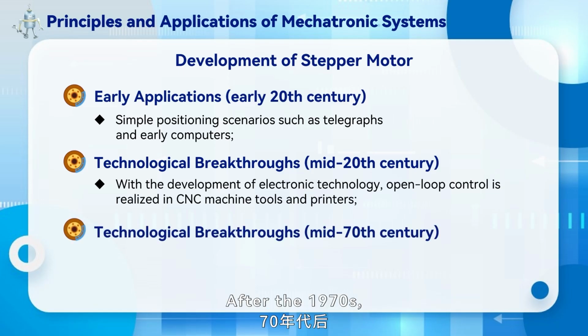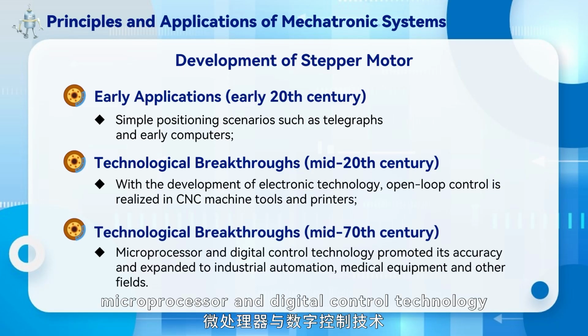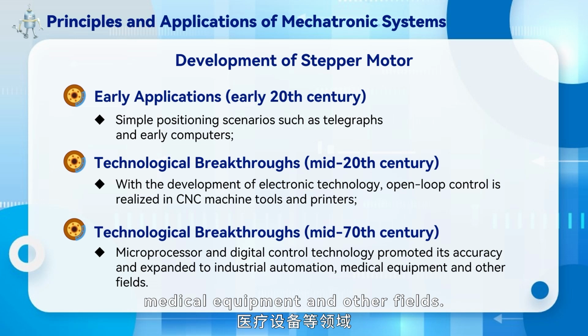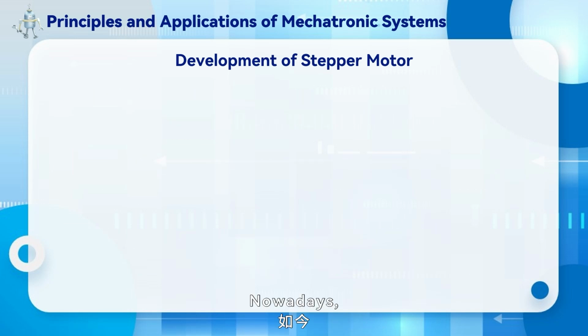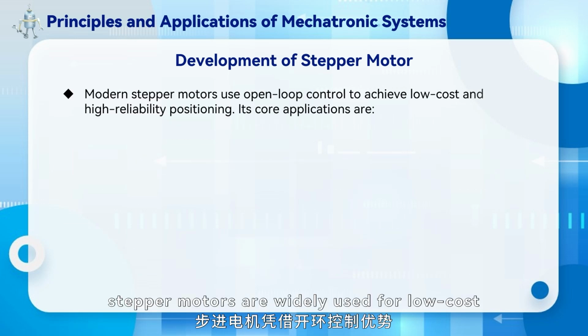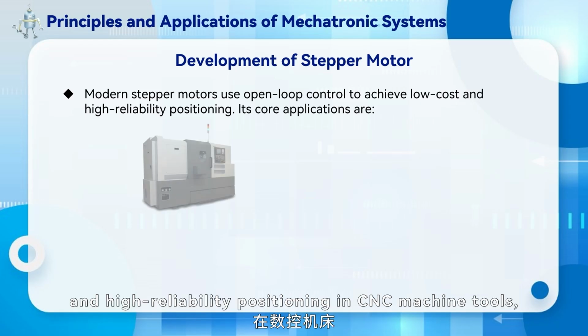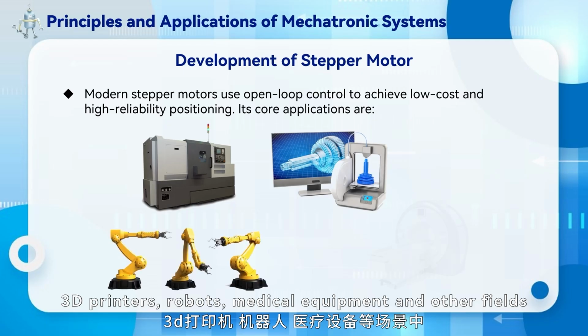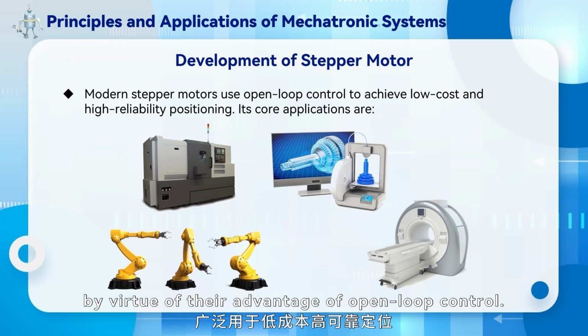After the 1970s, microprocessor and digital control technology promoted its accuracy and expanded it to industrial automation, medical equipment, and other fields. Nowadays, stepper motors are widely used for low-cost and high-reliability positioning in CNC machine tools, 3D printers, robots, medical equipment, and other fields by virtue of their advantage of open-loop control.